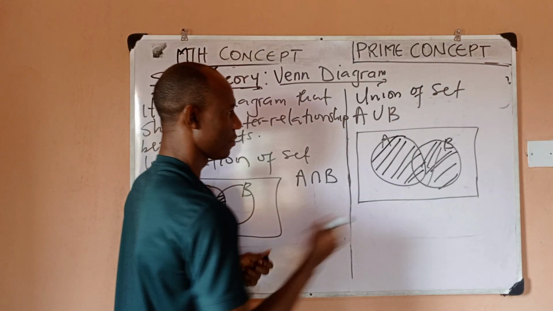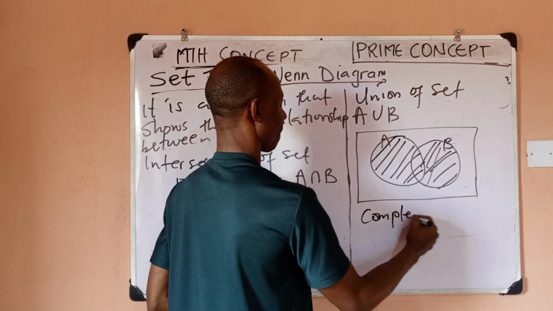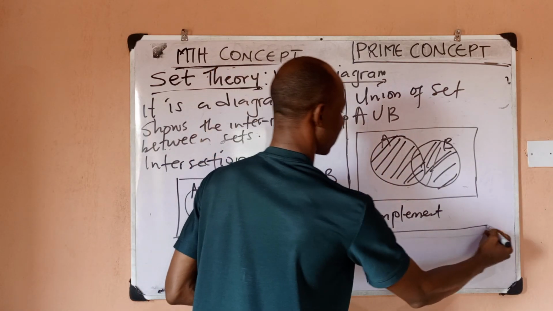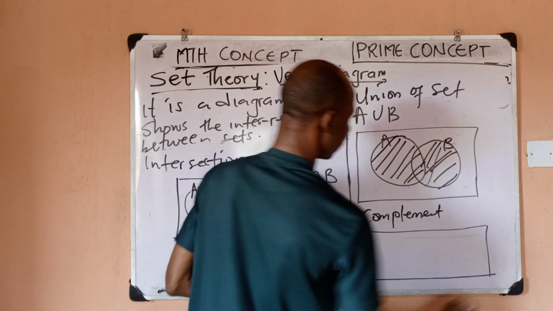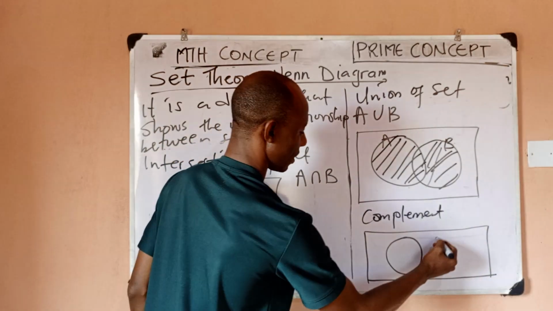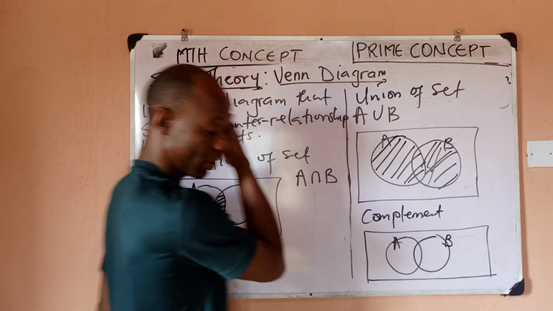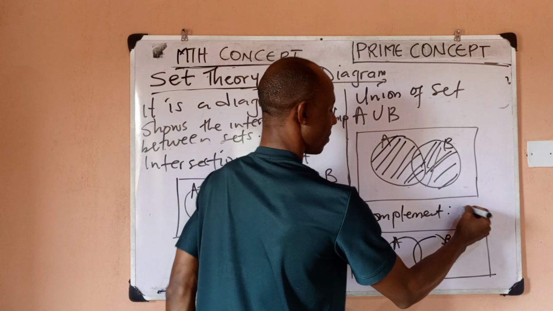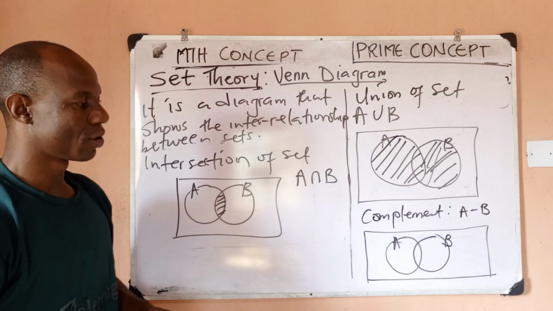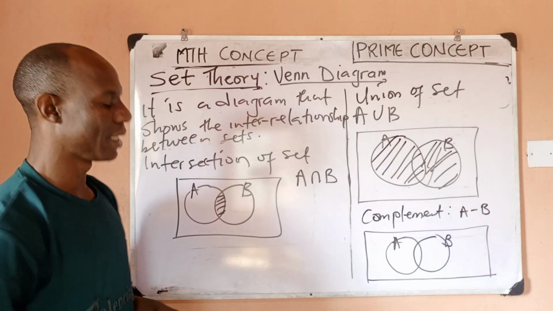Now, say you want to deal with number 3, complement. I'm dealing with a relative complement in this case. So I'm going to have, say I have A, and then I have B, this A, and this is B. So if I want to find the complement of A with respect to B, which is given as this, it means you're removing B from A. What is left in A?